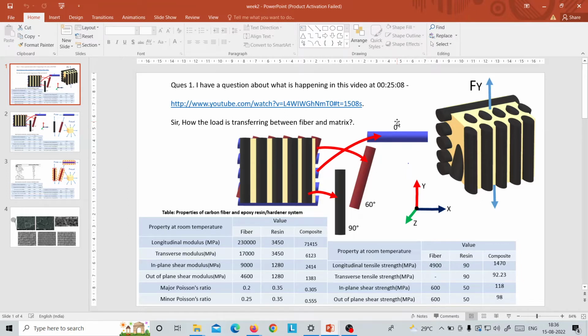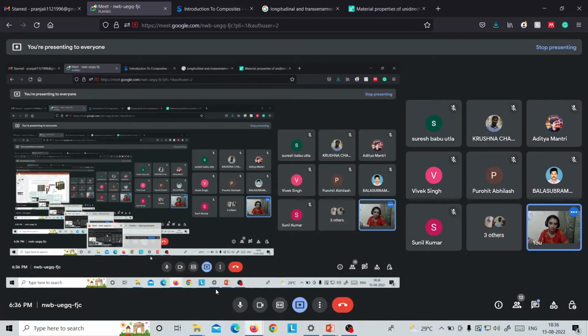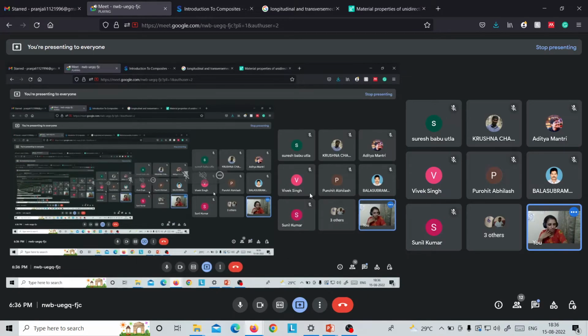But the weight of this particular composite would be almost two times more than that of carbon fiber. Are you getting my point? You'll have to compare. You want better weight performance, or you can compromise with the cost. On that basis, you will choose what to give priority to, your choice of materials or your cost. Fine. Am I clear?